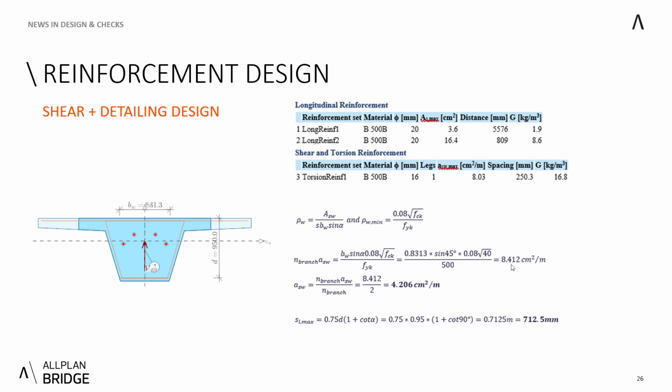And as I will explain later, we have two branches effective in the shear, therefore I need to divide this by 2 and result into the need of 4.2 centimeters squared per meter, which results into the spacing of 712 millimeters. And as you can see, it's less than the one needed purely by the shear, therefore this higher value is kept again.